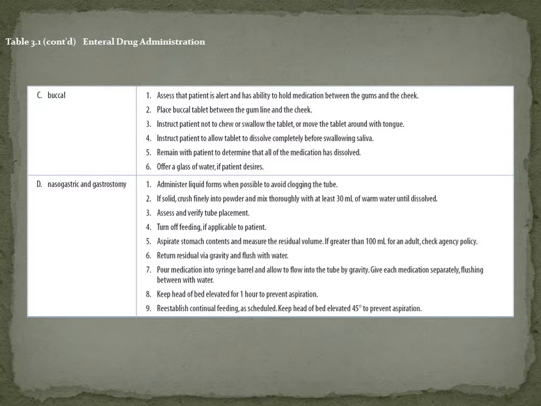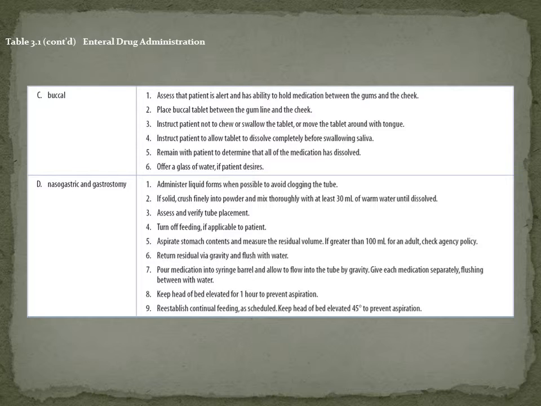We flush that NG tube first, and then we give the meds, often again with some solution, and give by gravity, so holding that up above the area of insertion. And again, we keep the head of the bed elevated, usually at least at a semi-Fowler's for an hour, to prevent them from aspirating, and then we can continue their tube feedings.